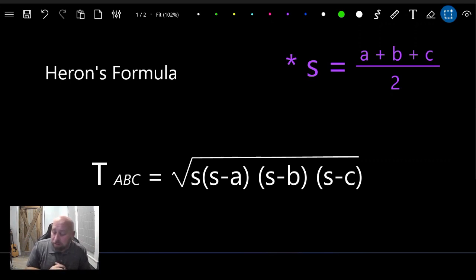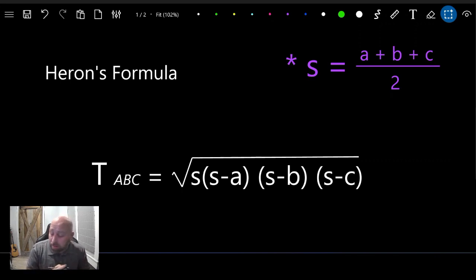Well, it's pretty cool. Down there at the bottom of the page, it says that Herron was from Alexandria. And if you know anything about Alexandria, you probably know that that was in ancient times like a center for learning. There was a library there, a lot of learning going on in Alexandria. It was kind of like the epicenter, if you will, of learning during that time.